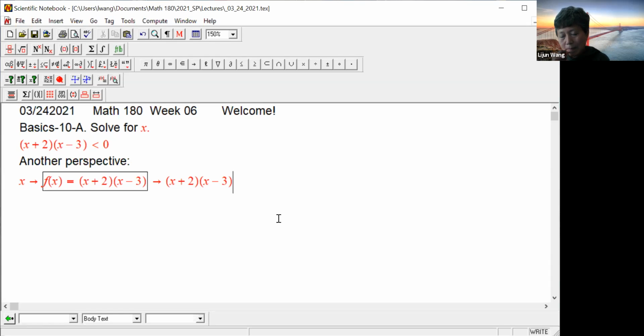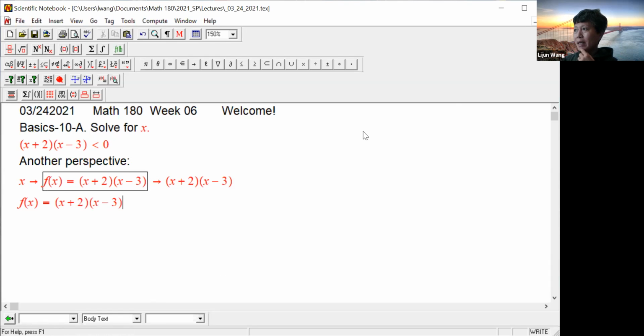Next, we know that for every function, we can make a graph. So what will be the graph? How would the graph look like? You guys have taken those algebra classes. So how does this graph look like?